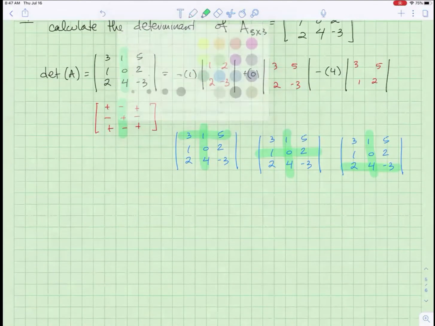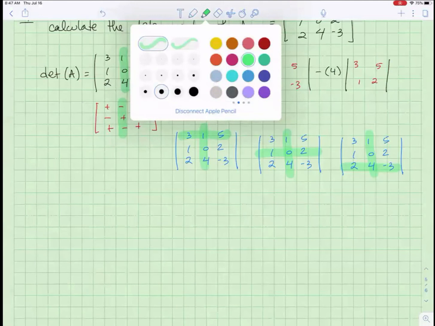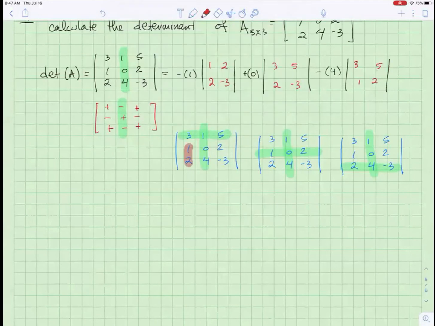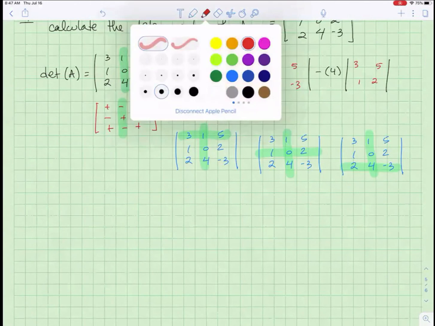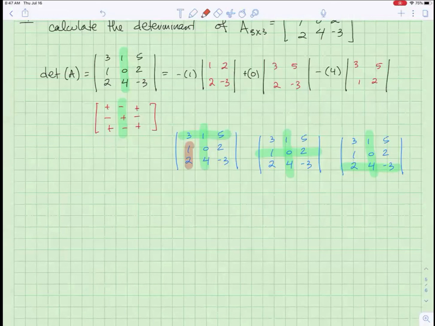So those are the associated minors. That's where those numbers are coming from.